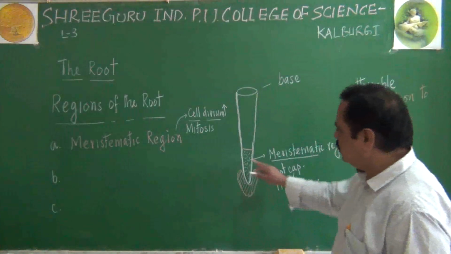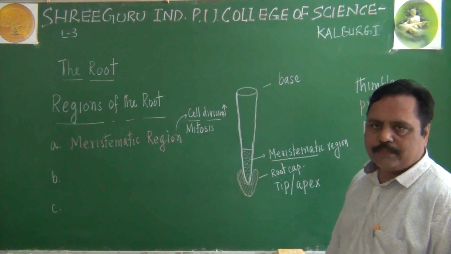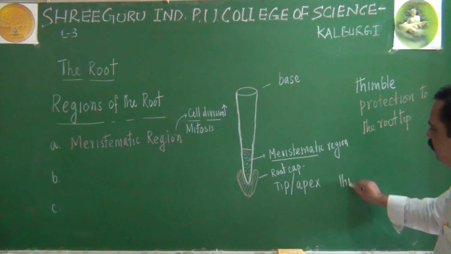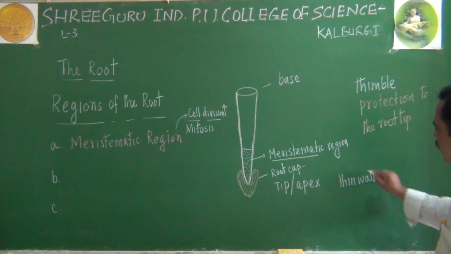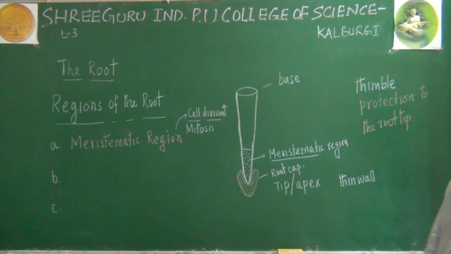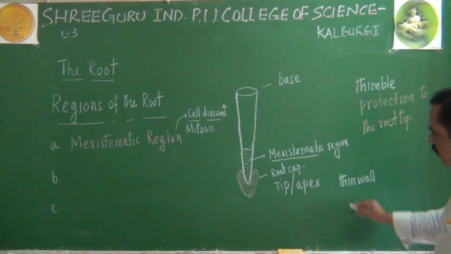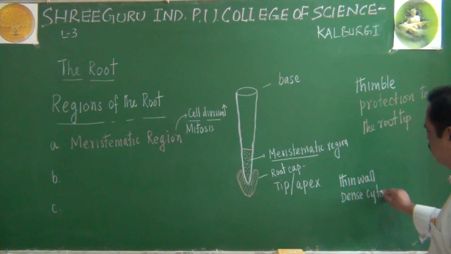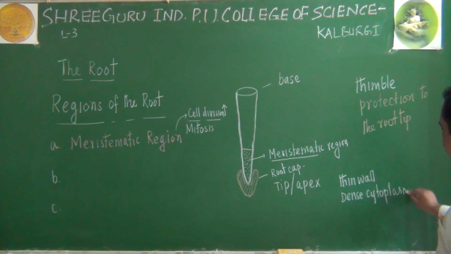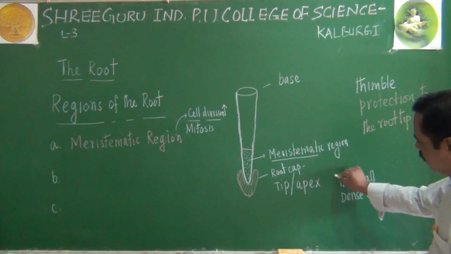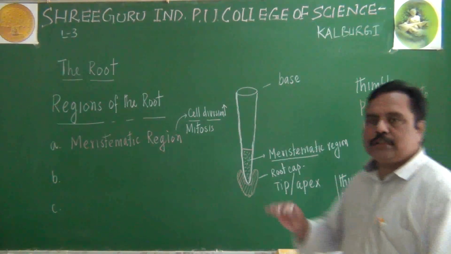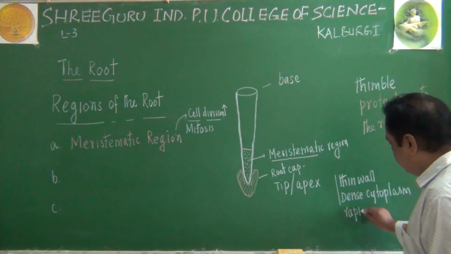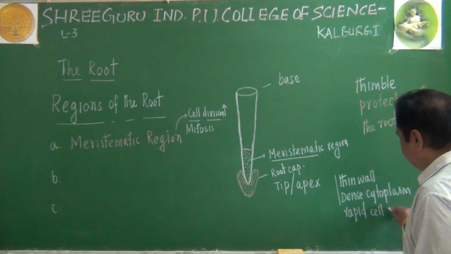If you take those meristematic cells and analyze them further, they are thin-walled in nature. They contain a thin cell wall, and in addition they have dense protoplasm or dense cytoplasm. Remember this point: they are thin-walled cells with dense cytoplasm, exhibiting rapid, otherwise fast, cell division.